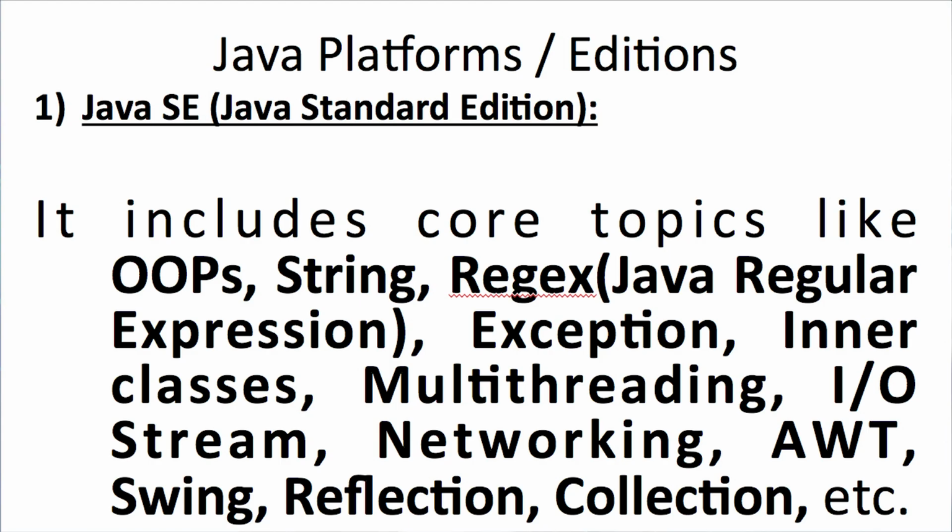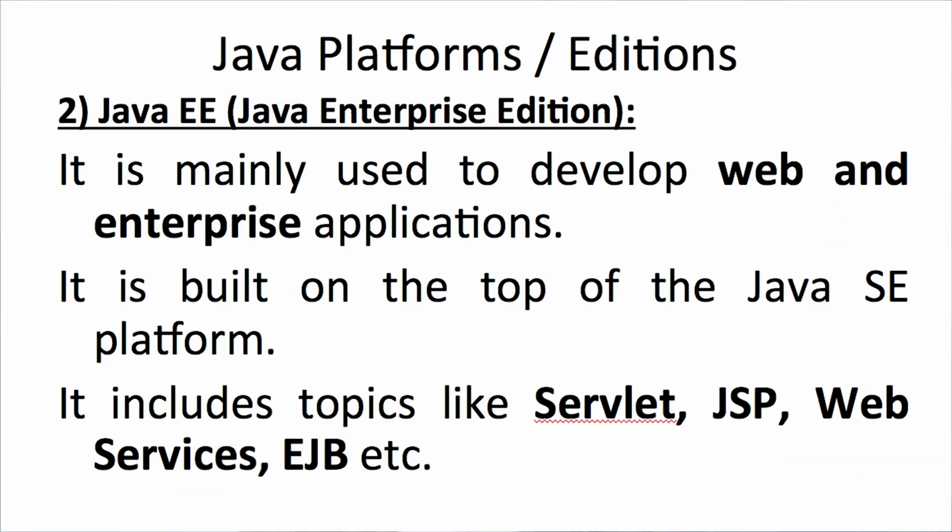Now, the second category, Enterprise Edition or Java EE platform. It is mainly used to develop web and enterprise applications. This second type is very important, and it comes under advanced Java, or sometimes it is called web technologies.